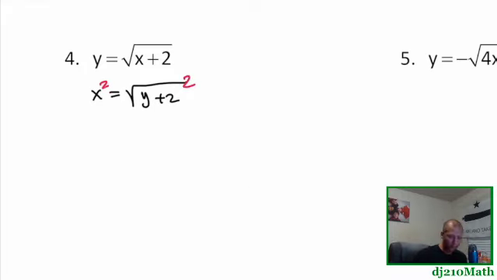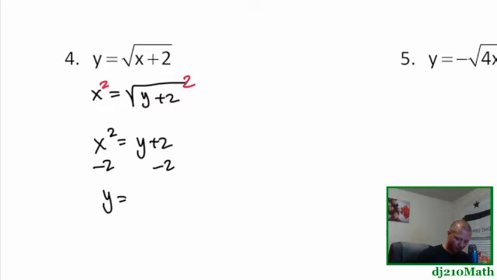But whatever I do to one side of the equation, I got to do to the other side of the equation. So we're going to get x squared is equal to y plus 2. It's no longer in the square root. Minus 2. Y is equal to x squared minus 2.